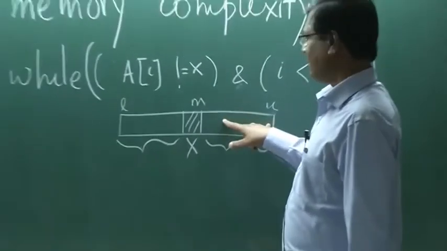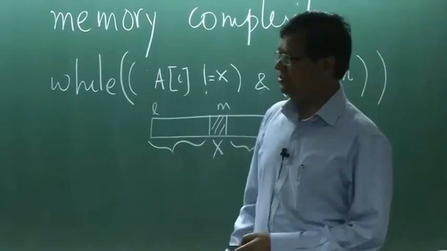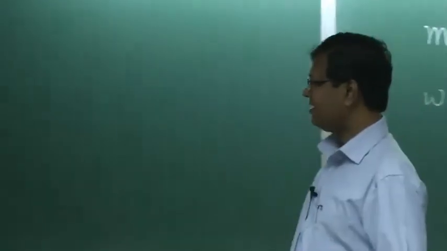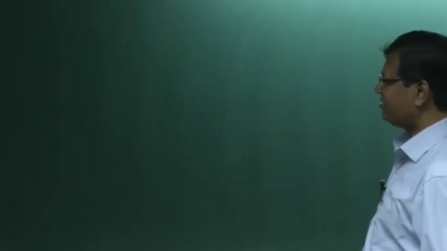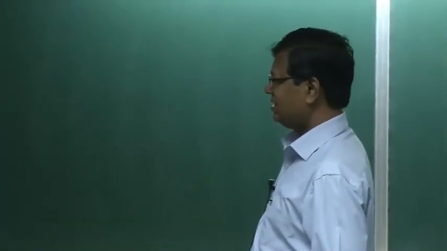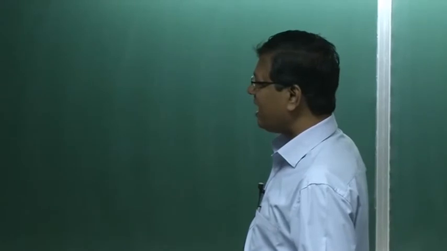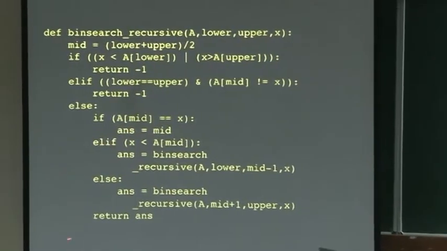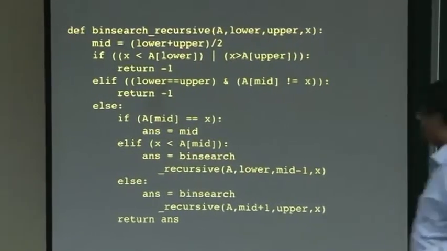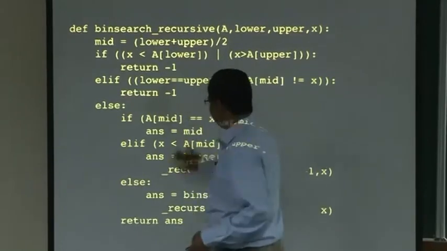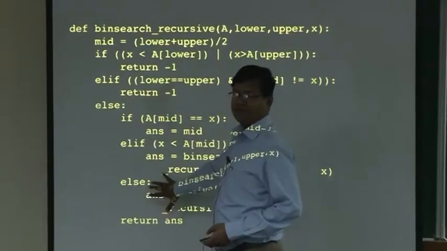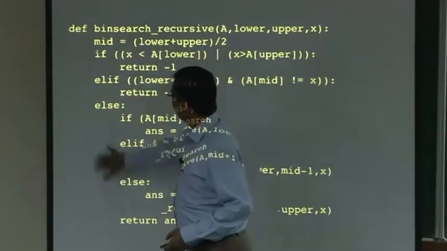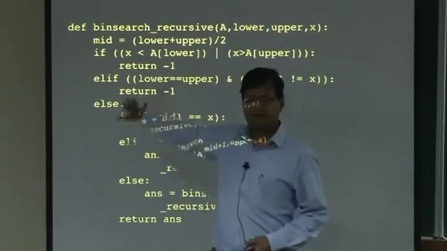So from here till here, I do binary search from mid +1 to upper, and the answer will be one of the 3, and I should return it. All of this is part of else, and all of it belongs to the function.